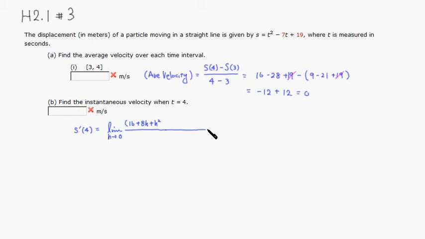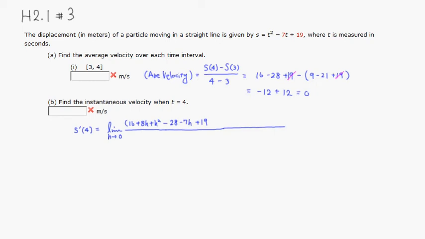Then minus 7 times 4 plus h. Minus 7 times 4 is negative 28, and negative 7 times h is negative 7h. Then you have plus 19. That's s of 4 plus h.